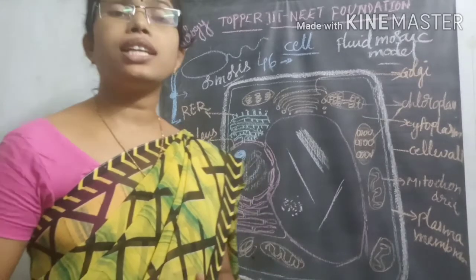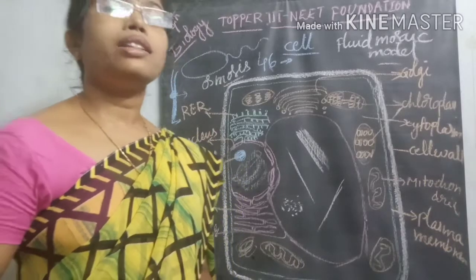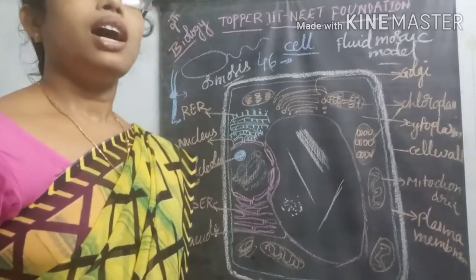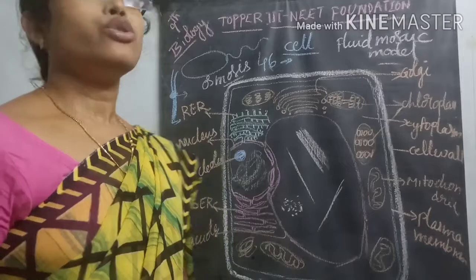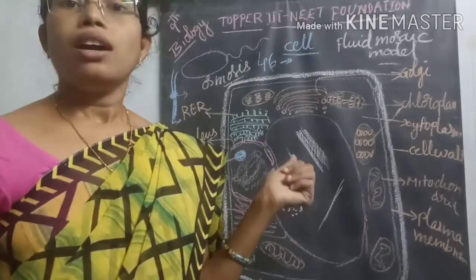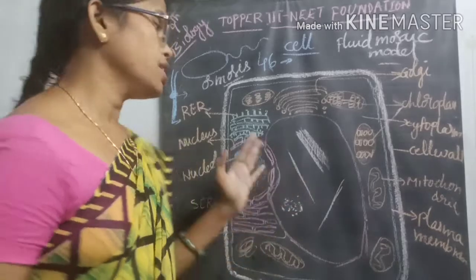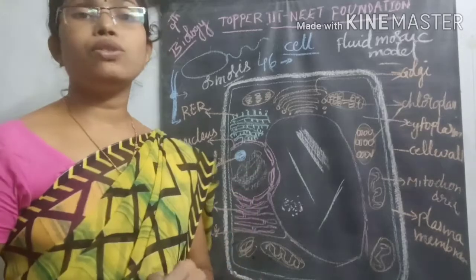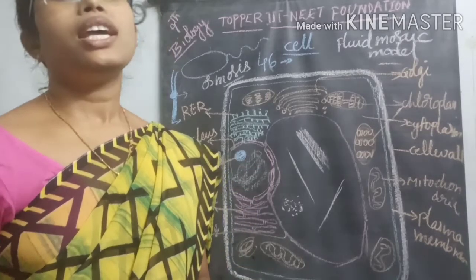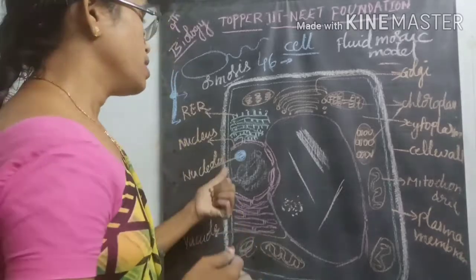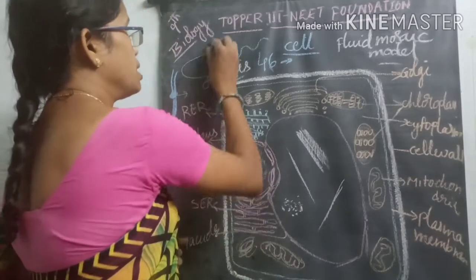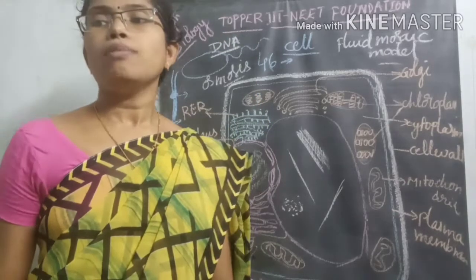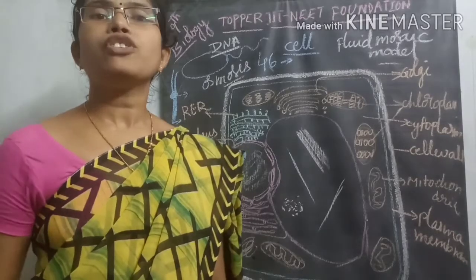These chromatids play a very important role in the transmission of genetic characteristics from one generation to another, so that similar or different characteristics are transferred due to the presence of DNA, the genetic material present inside the nucleus. So this is about the nucleus, and the nucleus plays a very important role in heredity or inheritance. The genetic material is mainly made of DNA, deoxyribonucleic acid, in the form of chromosomes.